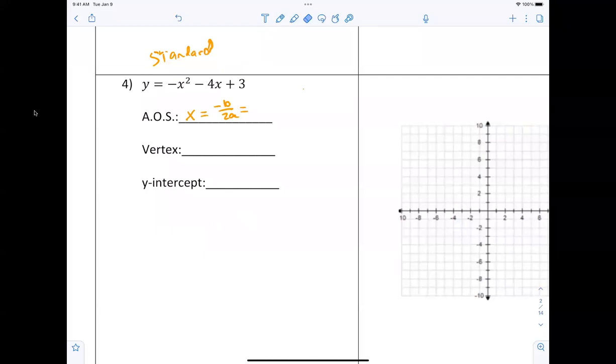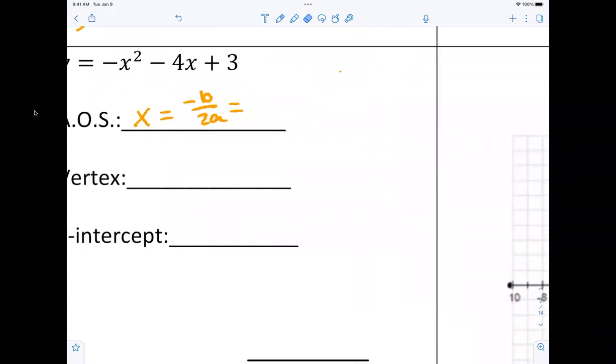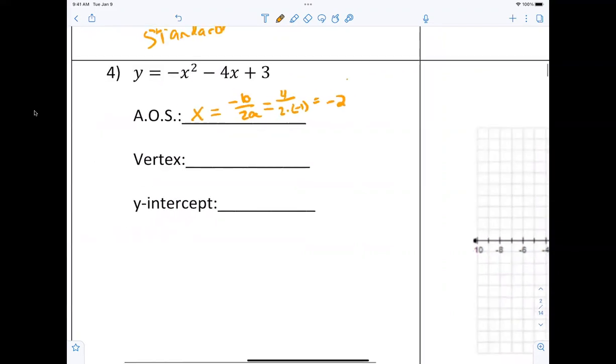X equals what, Aiden? 4 over 2, so it would be 2. You're almost right. 4 over what? -2, right? Because -(-4) is 4, and 2 times a is 2 times -1. So your answer is -2. So the axis of symmetry is X equals -2.